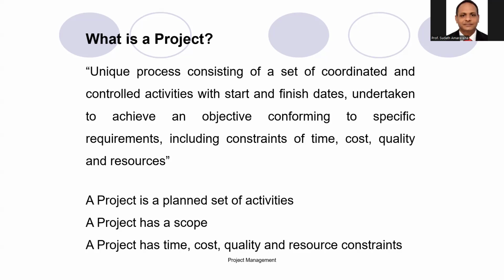Normally, in any project, we can see there are so many activities. The project is a planned set of activities. A project has a scope, and a project has time, cost, quality, and resource constraints. I'm sure that you know more than me.